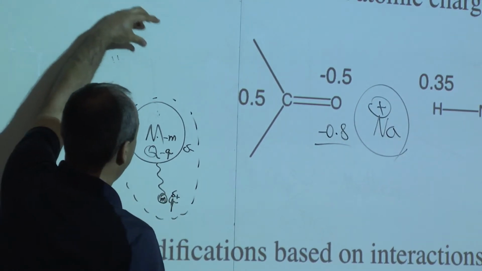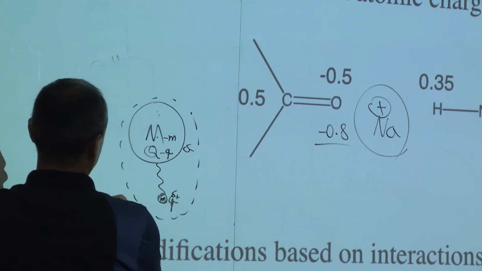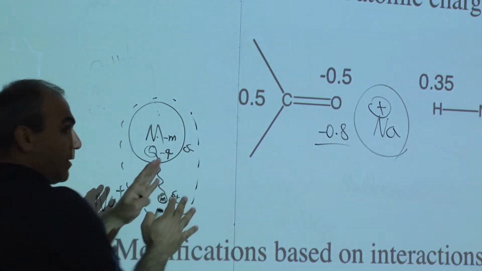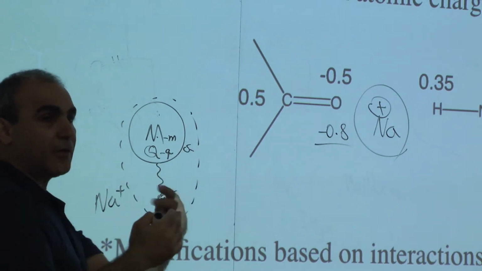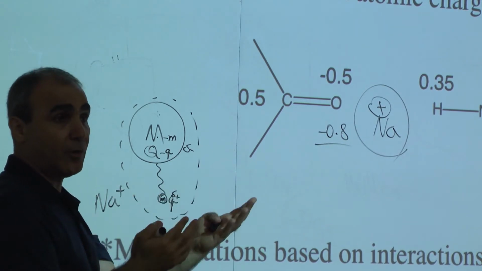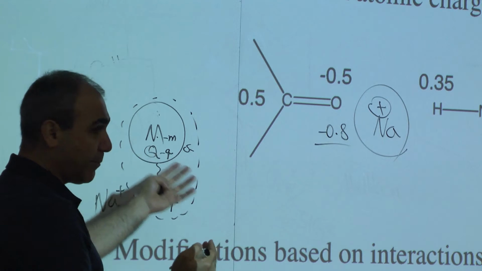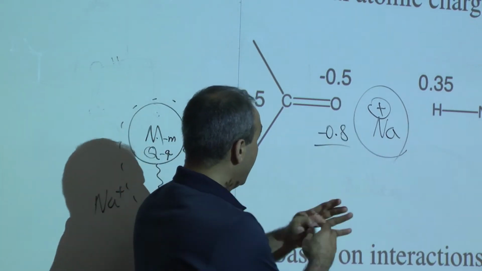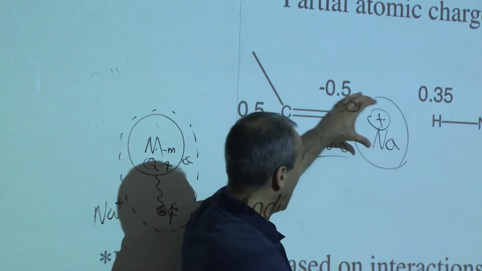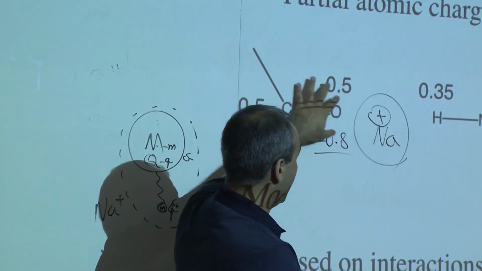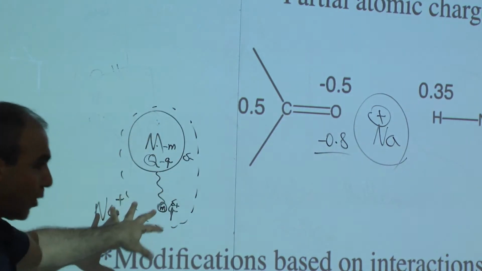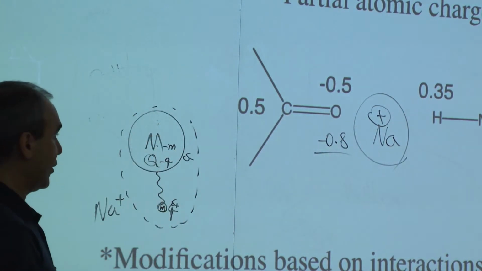When you bring the sodium ion here, for example, this guy is going to move to that position and create a little dipole, some representation of polarization, atomic polarizability, which is what happens in your real molecular system. When the sodium is here, the electronic cloud will be drawn to this position, and then you will have more accumulation of negative charge. So this is one way of implementing some polarizability.